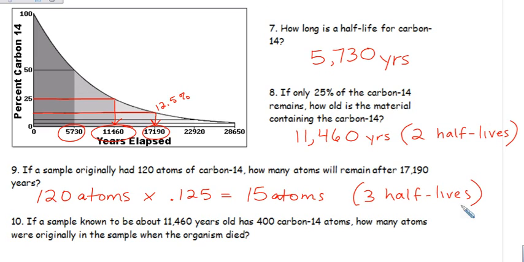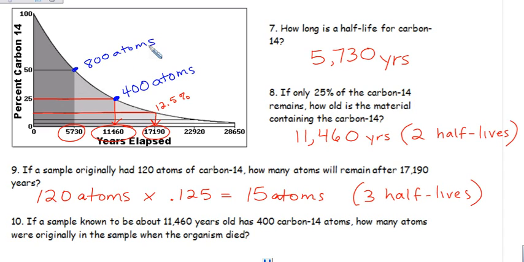So I'm going to plot on my graph. After this 11,460 years, right in here, this was 400 atoms. So let's backtrack. After the first half-life, then this must have been 800. And so sometimes people will say, cool, 800, that's my answer.